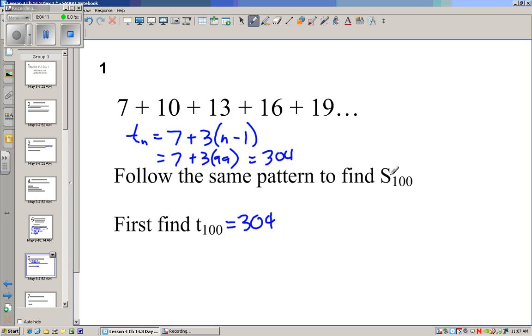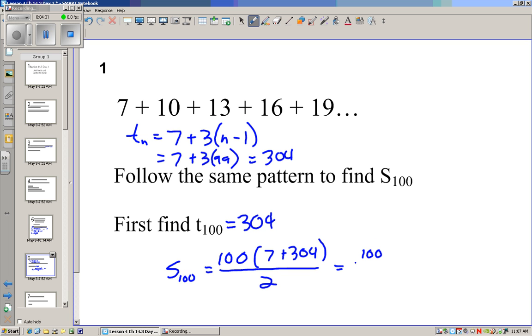So now if I want to find S of 100, I have to take my n, which is 100, multiply it by my t sub 1, which is 7, plus my t sub 100, which is 304, and divide that whole thing by 2. Well, 7 plus 304 is 311.